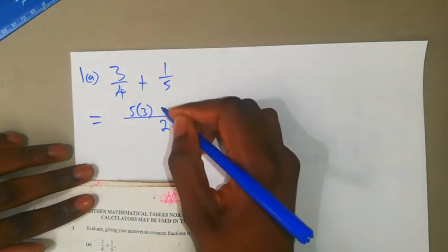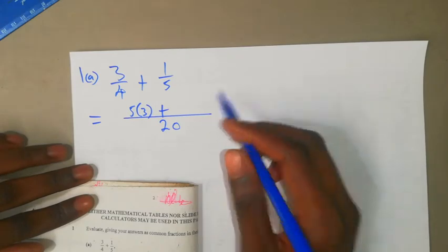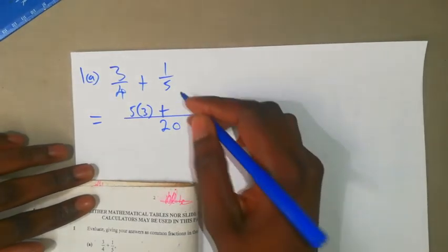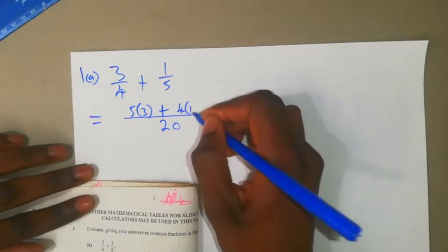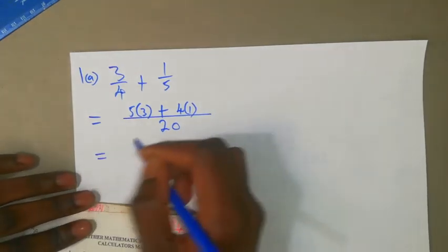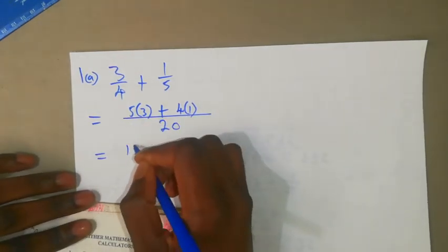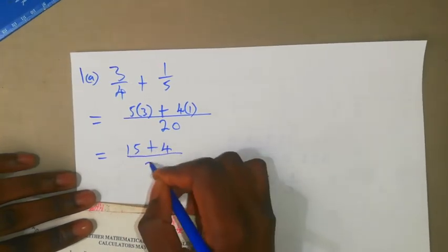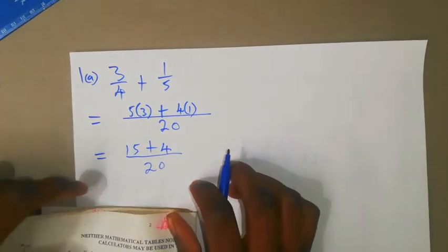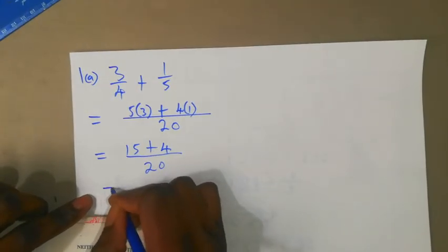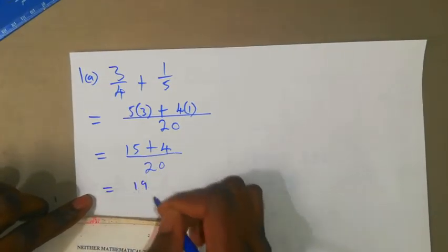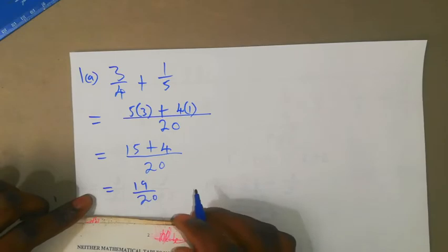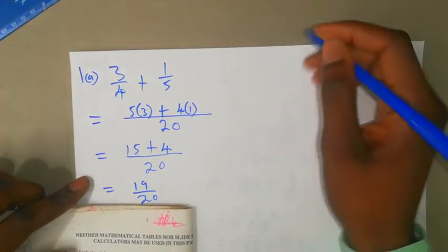Make sure you indicate all your stages. Then 5 into 20, that's 4. 4 times 1. It's equal to 5 times 3, that's 15, plus 4 times 1, that's 4, all over 20. So your final answer is equal to 19/20.